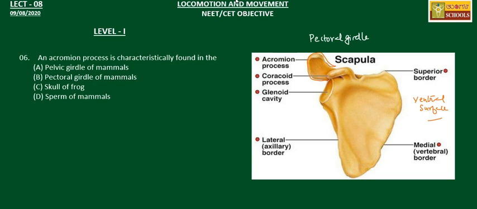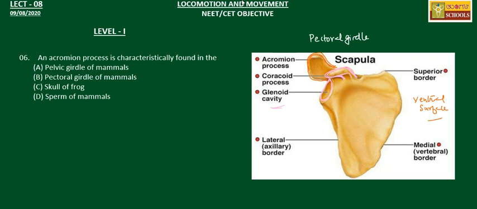And this one is the coracoid process. Below this is a depression called the glenoid cavity, into which the head of the humerus fits.